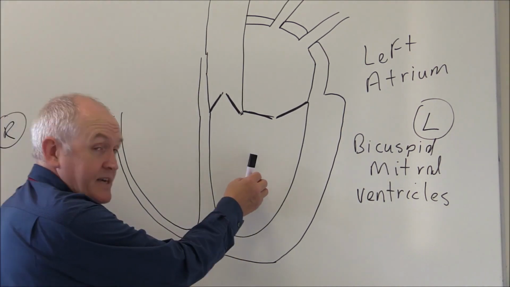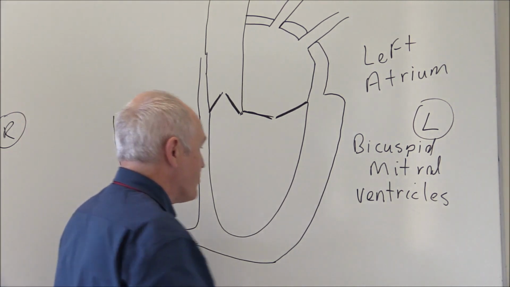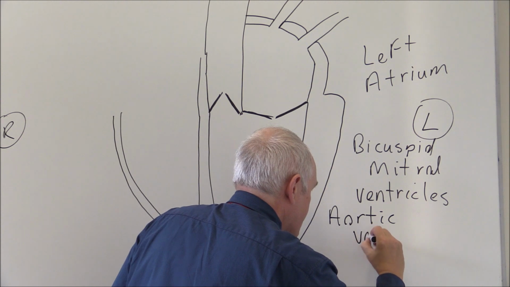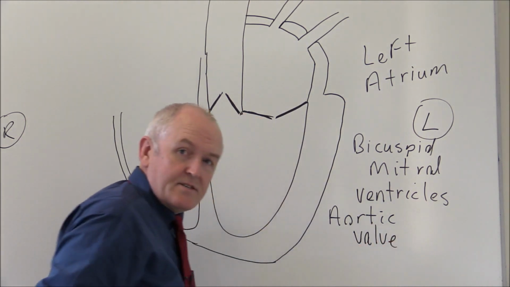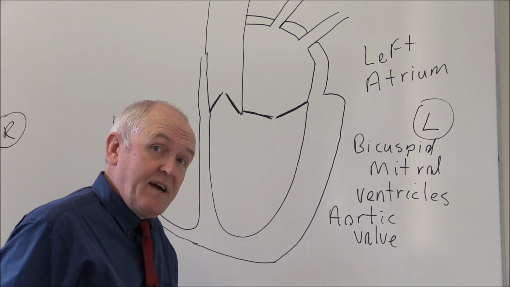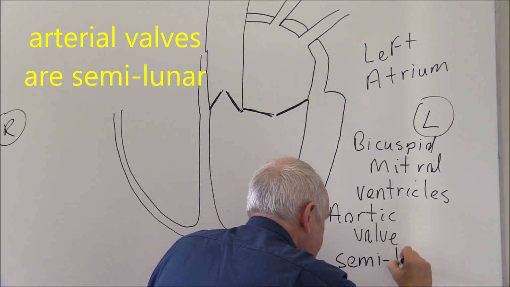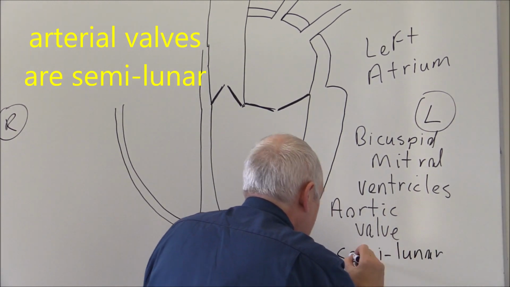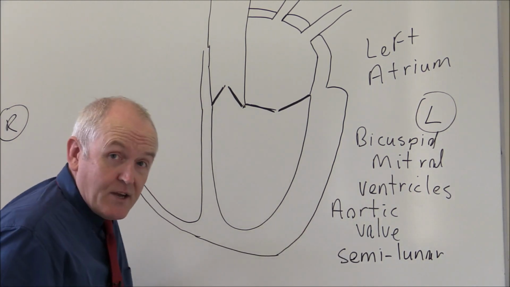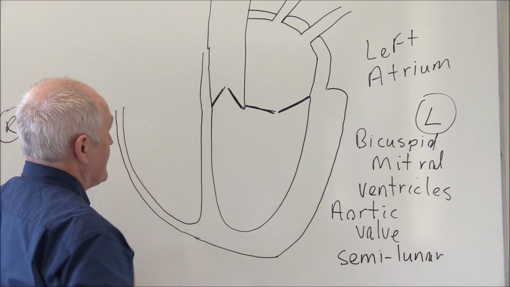The valve between the left ventricle and the aorta, that is the aortic valve. And sometimes these are referred to as the semi-lunar valves because they look a bit like half a moon. So the aortic arterial valve or the aortic semi-lunar valve, that's that one pointing up the way.